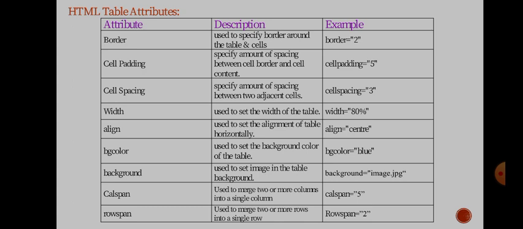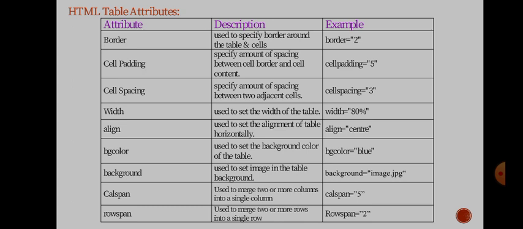Here I am using the alignment attribute used to set the alignment of a table in horizontal way. Here I am taking the example as alignment is equal to center, or alignment is equal to left, or alignment is equal to right.